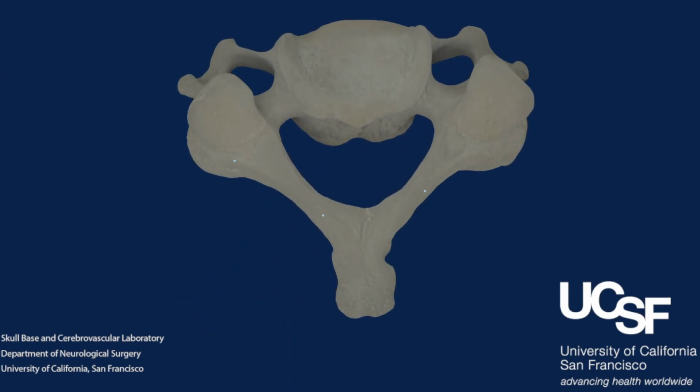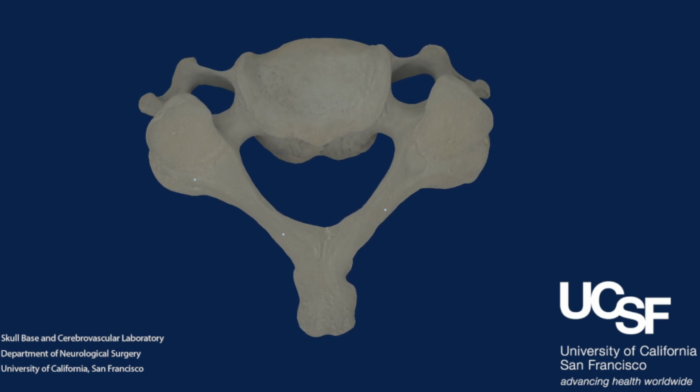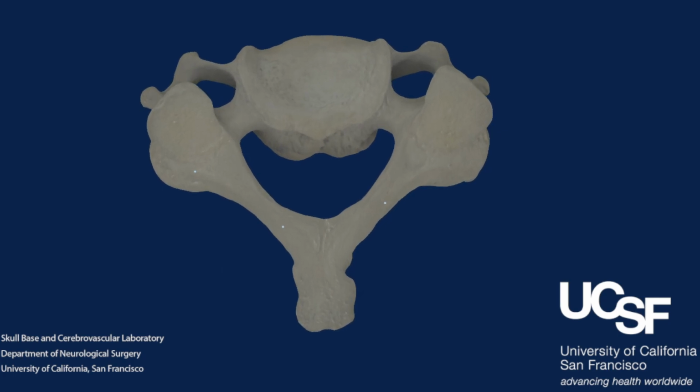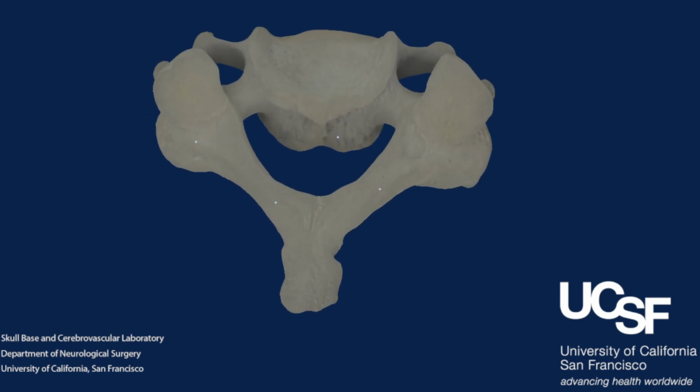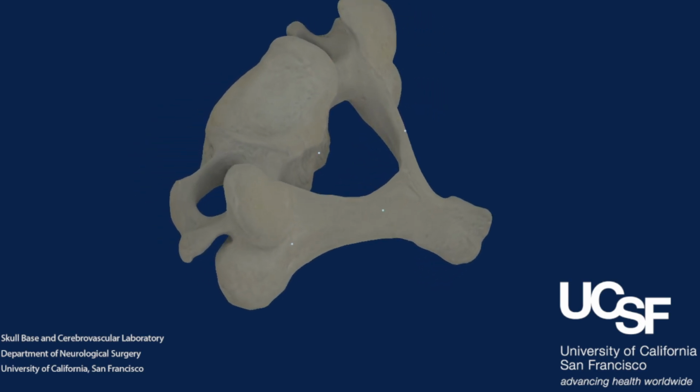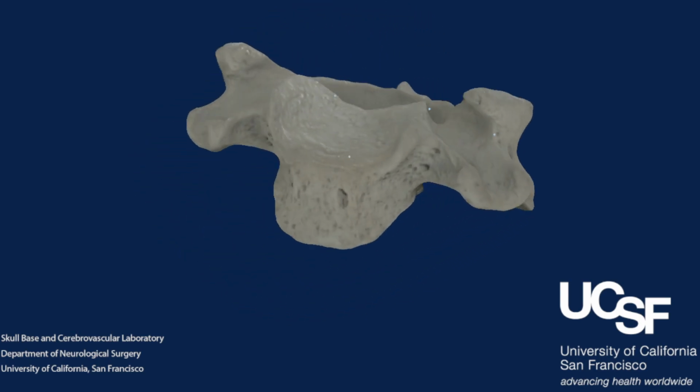Anterior to the laminae and medial to the articular processes, we can see the vertebral foramen, which is the place in which we're going to find the spinal cord.